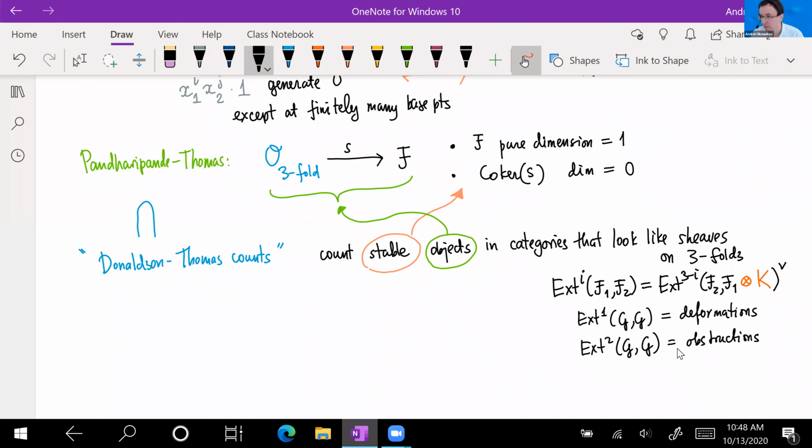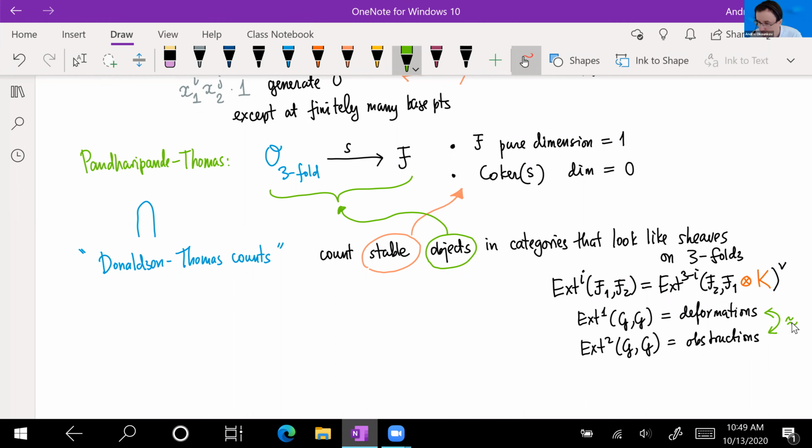And then Ext^0 is the automorphisms, and so we see that these are roughly dual, approximately dual, the way we want them to be. And so this is an example of this situation.